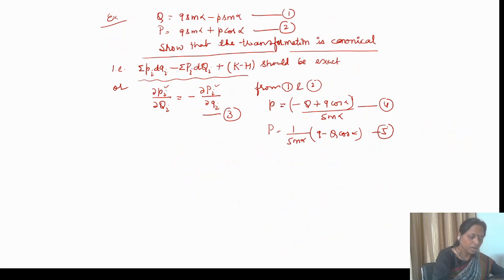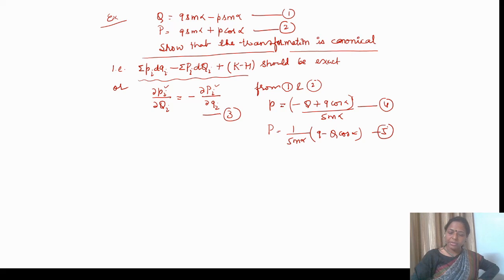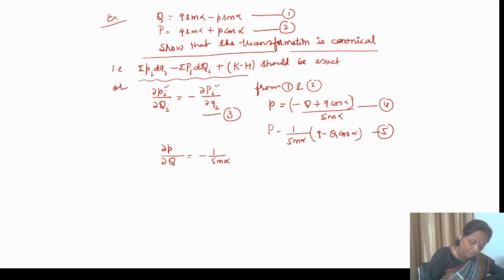Now look at this part. From 4 you get delta H delta Pi. First delta Pi, you are just having delta P delta Q. Then this will be minus 1 upon sin alpha, 4.